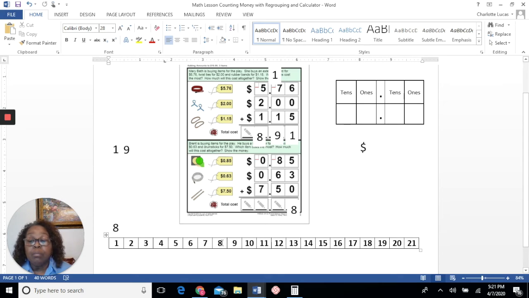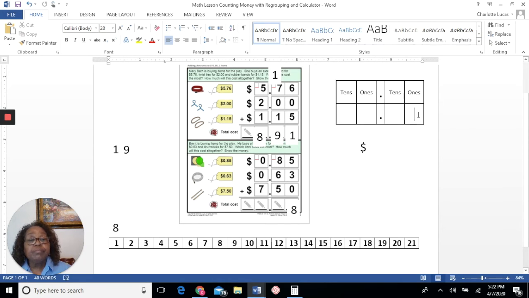Start at 8, move first, and then count 6 more, moving to the right. 1, 2, 3, 4, 5, 6. It's 14, but we still have to add that 5. There are 3 rows of numbers. Let's add 5 more. 1, 2, 3, 4, 5. And we get 19.